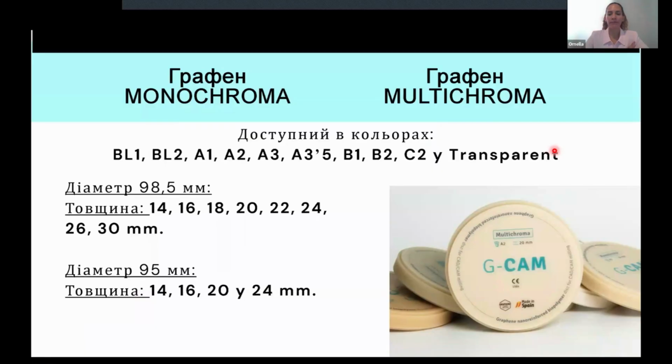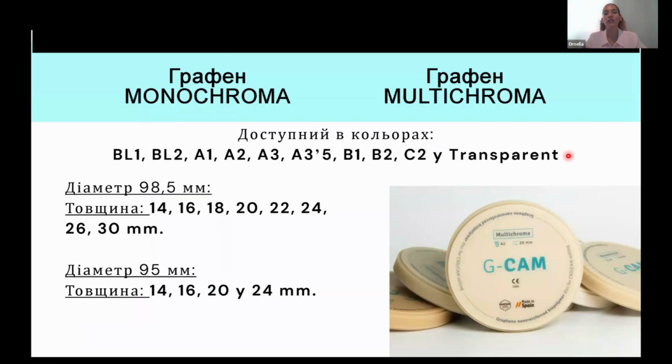We have the graphene product, okay? We have two different formats. We work with Monochroma, which, as you know, is the base of the color, A1, A2 is the dentin color that we have. And Multichroma, please don't confuse it with multilayer, okay? In multilayer, we have a darker area for the cervical and lighter for the incisal. In the case of graphene, we have multichroma.